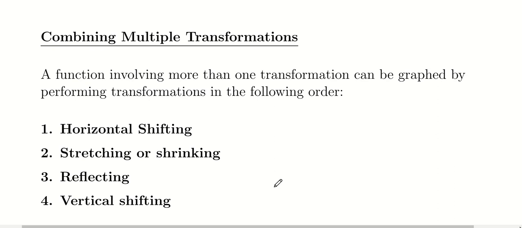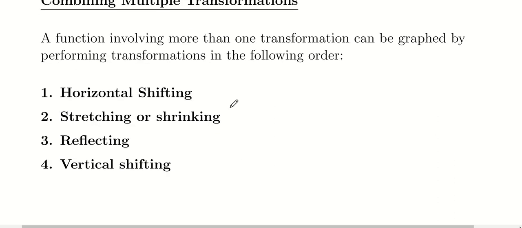The last thing that's in this section is combining multiple transformations. A lot of times we'll be asked to graph functions that have a combination of these simpler ones. When this appears, it's important to follow an order. For example, if you notice that a function is a transformation of a parent function, you want to graph it by applying these transformations to the original. You would begin by doing any horizontal shifting.